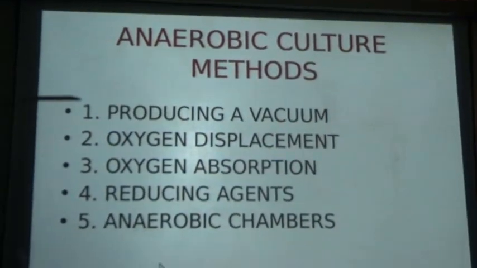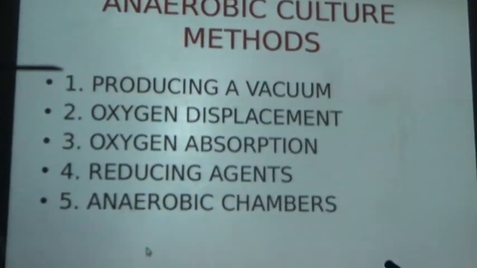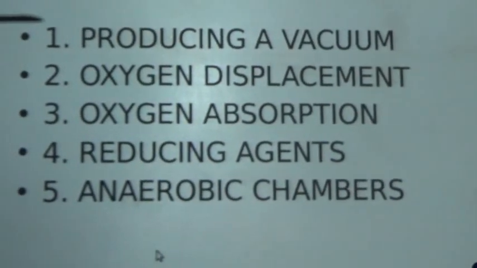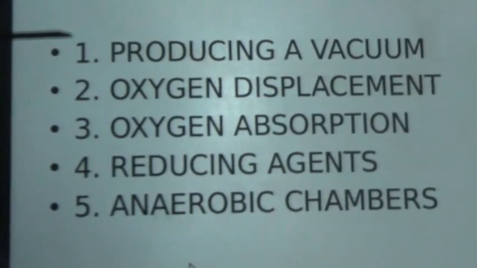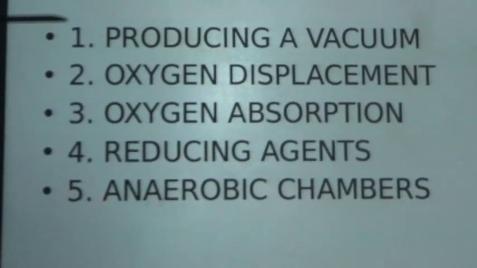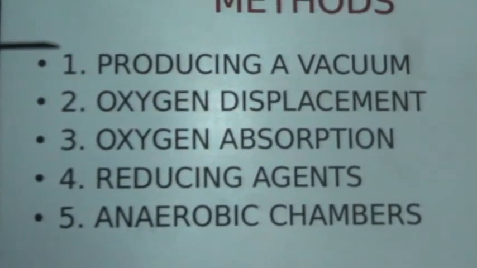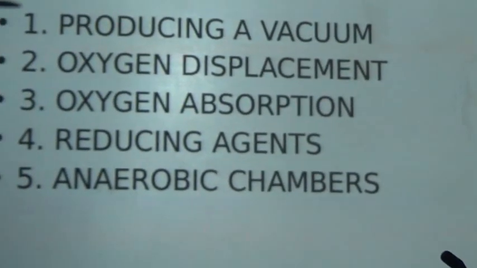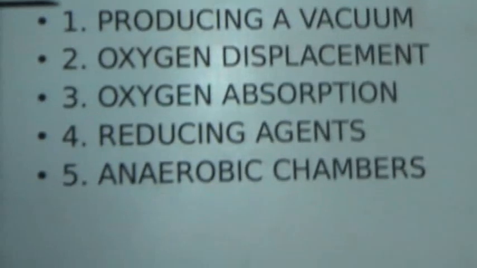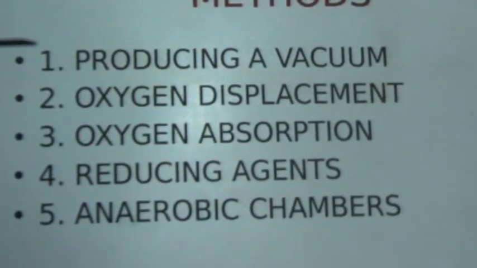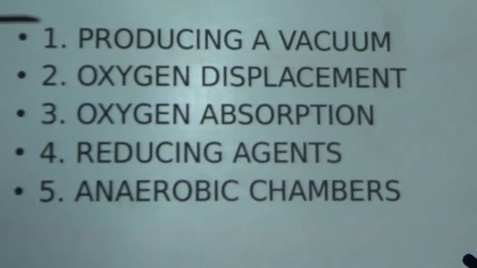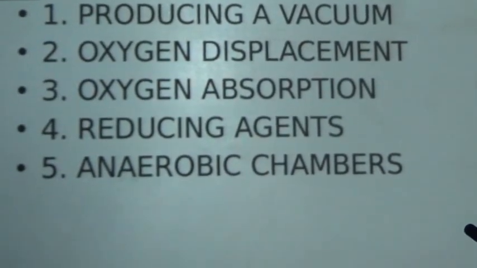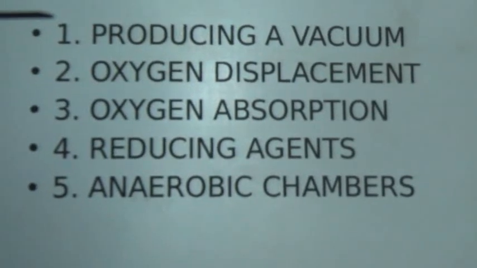After the specimen comes to the laboratory, it has to be processed anaerobically. And for the anaerobic environment to be maintained, there are various ways. Number one is producing a vacuum. If we produce a vacuum, we remove air from the container, and in that atmosphere we can put the petri dishes inoculated with this specimen and allow them to grow.